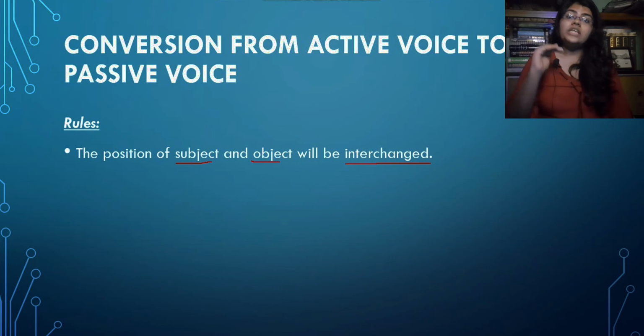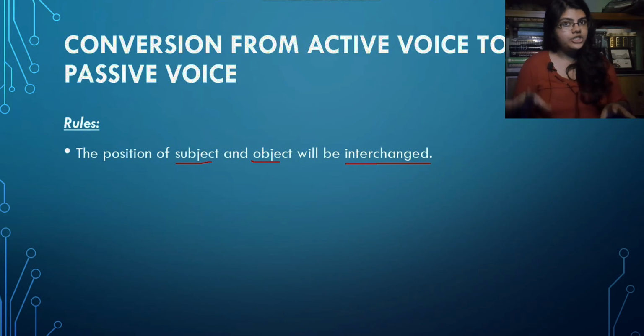So, when we are changing an active voice into a passive voice, then the position of subject and object will be interchanged. How? We already saw that in active voice, the sentence structure starts with subject and ends with object. But in passive voice, the structure starts with an object and ends with the subject.